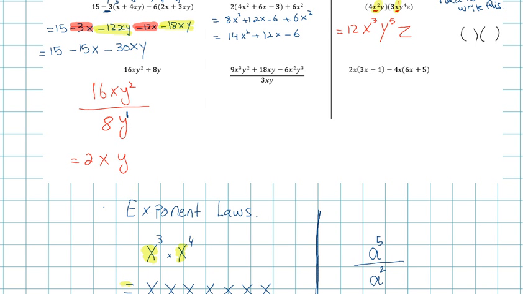So this is the same thing as writing this. Because every term is divided by that 3xy. Now, use the rules that we just used in the previous question to simplify this.